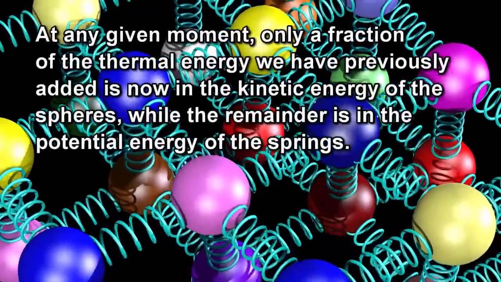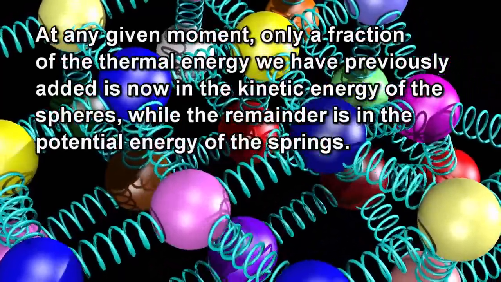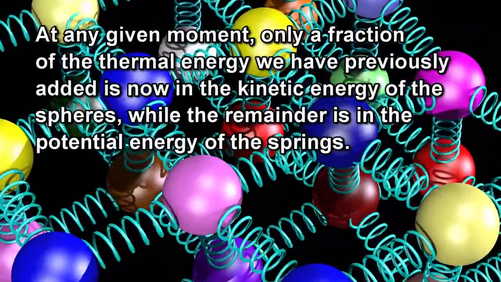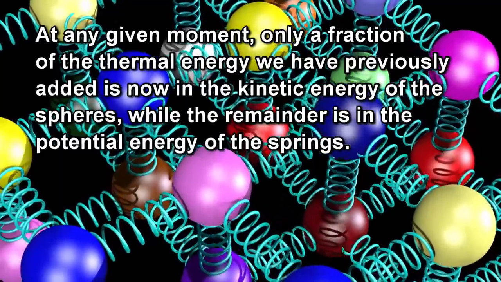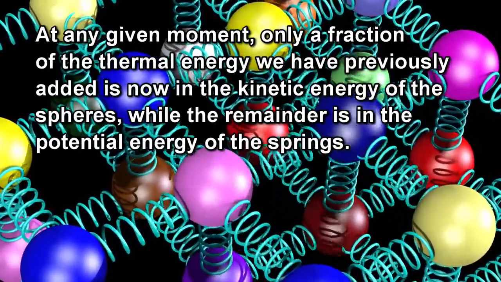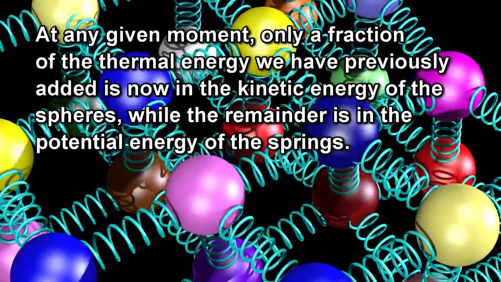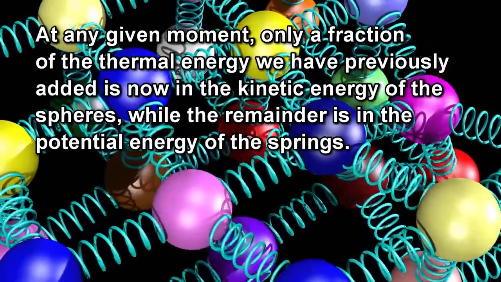At any given moment, only a fraction of the thermal energy we have previously added is now in the kinetic energy of the spheres, while the remainder is in the potential energy of the springs.